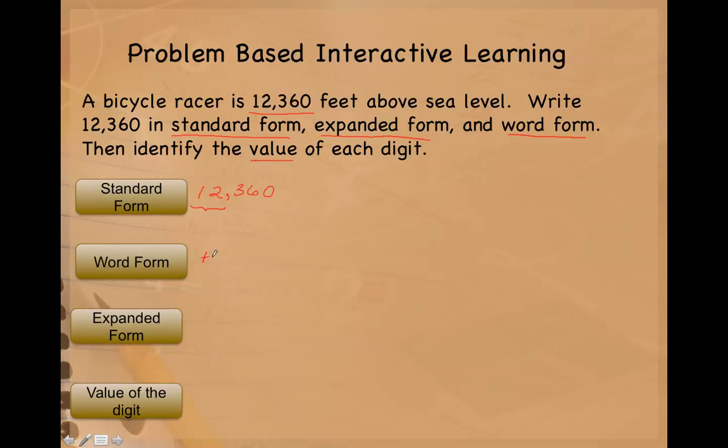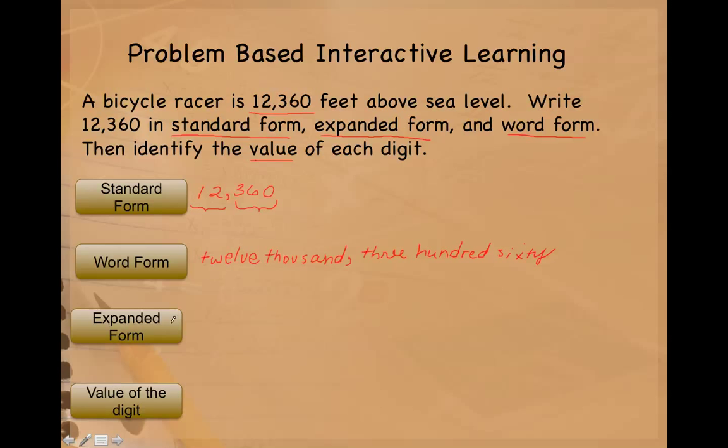So I'm going to write 12, and then the comma would be 1,000. 12,000, comma, and then I'm going to represent this period, which is the next space. 12,360. And that's how you represent this number in word form.